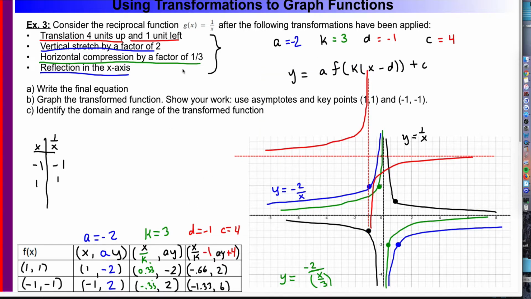So the 2 points on the red lines we have here down in the table are these 2 points right here. And if we moved our asymptotes appropriately and correctly, then those 2 points should sit exactly where we expect them to. So negative 0.66 and 2 is about right here.